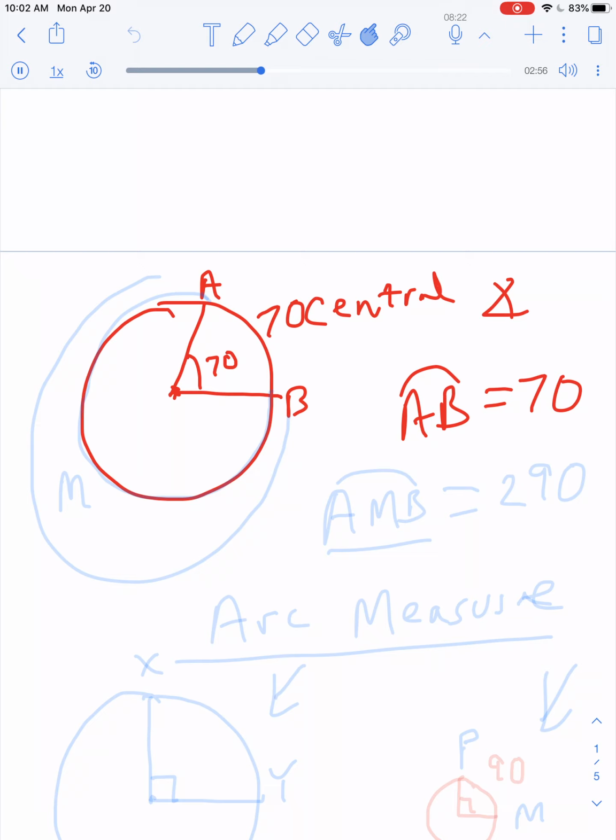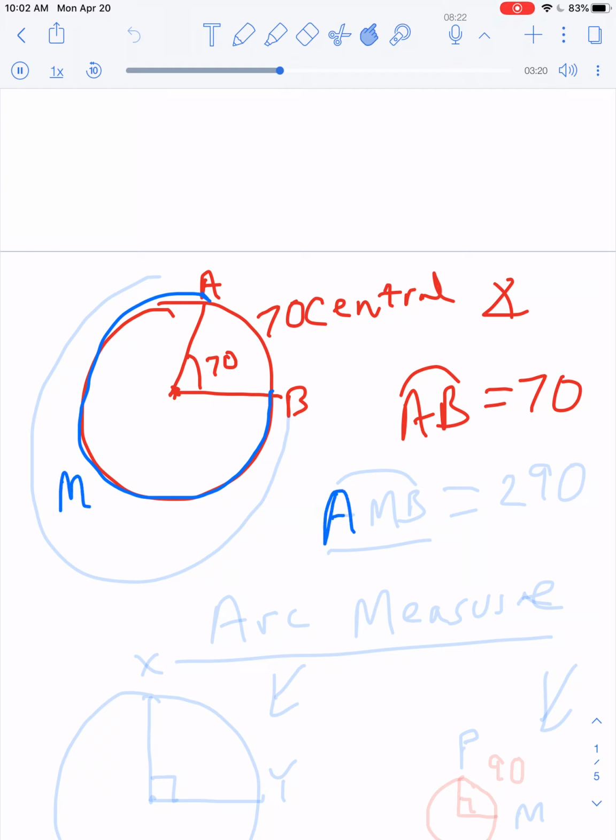Okay? So I could draw another one over here. Let's go a different color, maybe blue. And let's say this arc was 70. This arc here, all the way around, would be a major arc. Let's put a letter M over here.